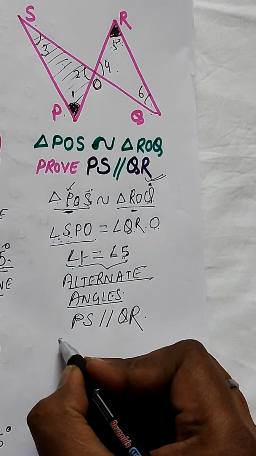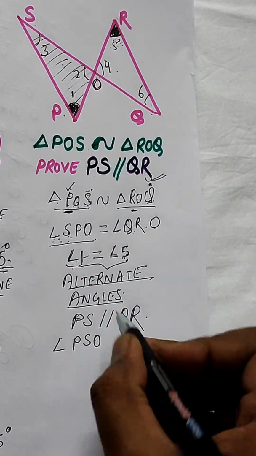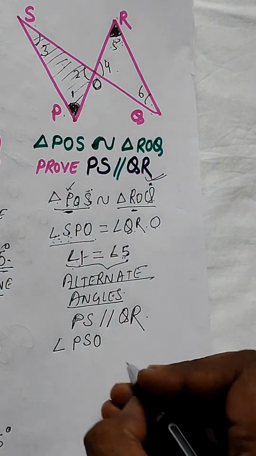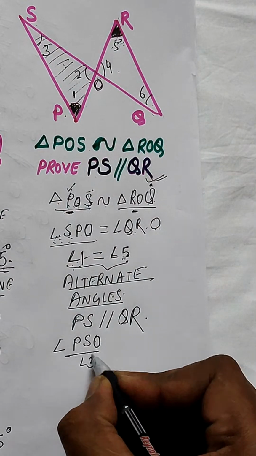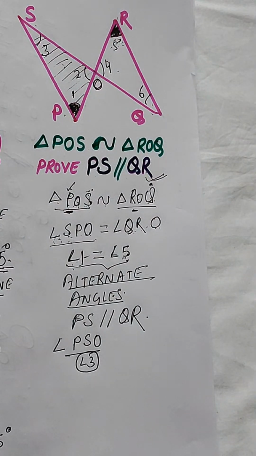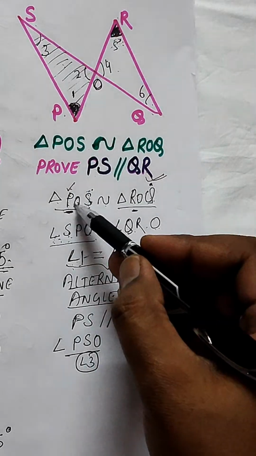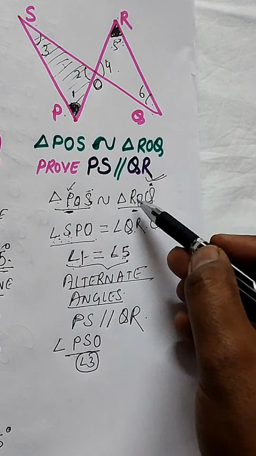That means angle PSO, that is our angle 3. In the same sequence, if two triangles are similar, we take the other angle from the other triangle.